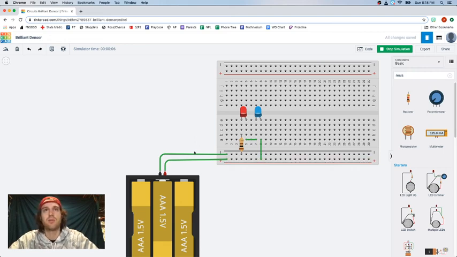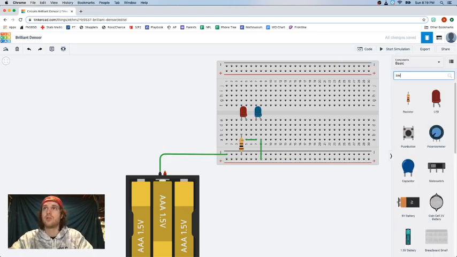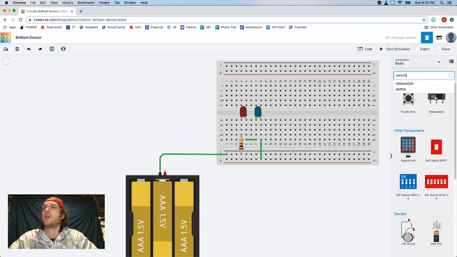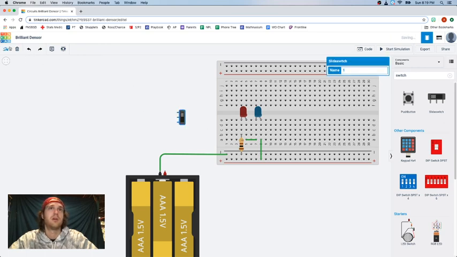Now I also said we need to drag in a switch. So I'm going to pick a spot to put a switch. It doesn't matter where you put it. You can put it with the resistor side or the positive side. I'm going to put it on the positive side just for kicks and giggles. Grab a switch. Okay, bring that in. I want it connected to the positive side, so I'm going to rotate this upside down, drag it to here.